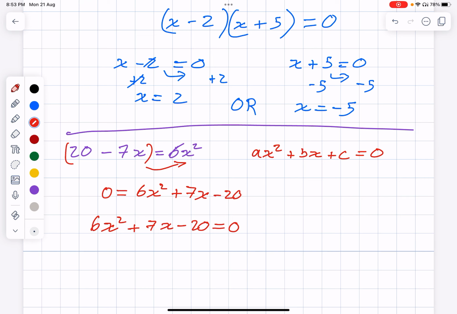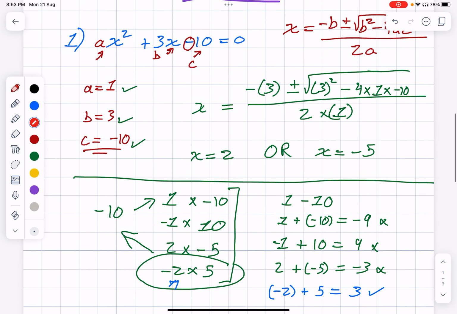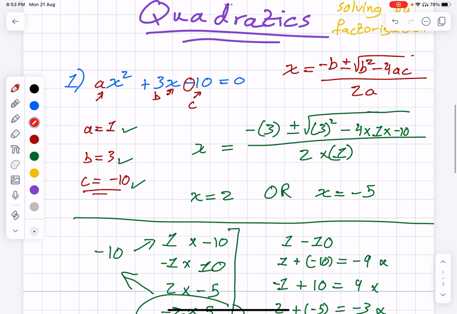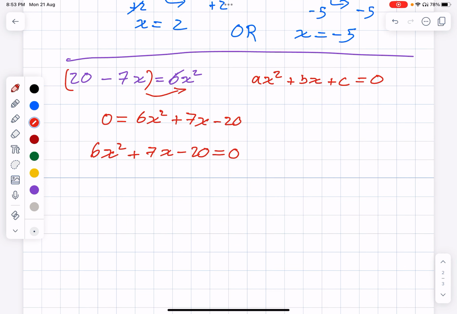So in this scenario, it's preferred to use this method, as I said, the quadratic formula. So I'm going to write here QF. Using the quadratic formula, we can find the value of x.